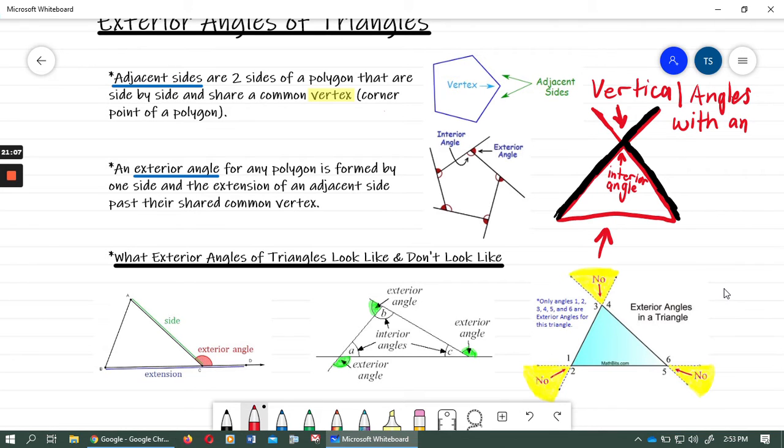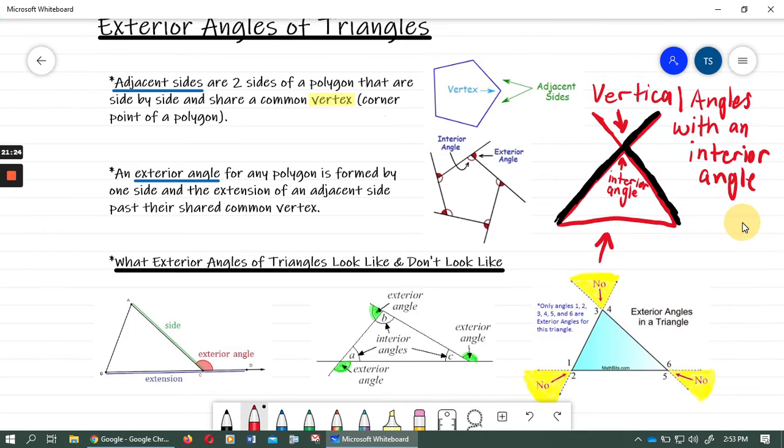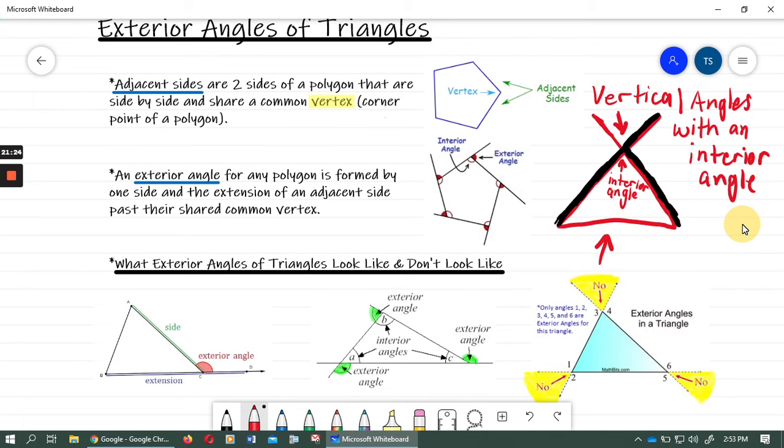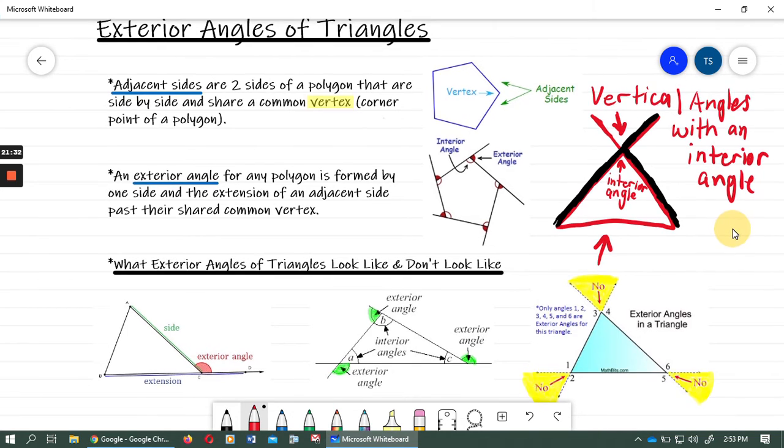With an interior angle. All right, so folks, again, I'm trying to make sure that you get what exterior angles for triangles look like and what they don't look like, okay? And it should be pretty clear based on what I'm telling you here. All right, so folks, from here we're going to actually talk about the theorem that goes along with exterior angles of triangles, and we're going to talk about what types of relationships we have when we're looking at the exterior angles of triangles.